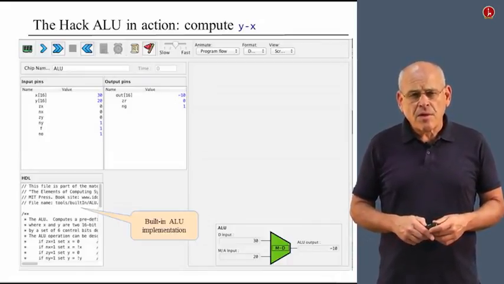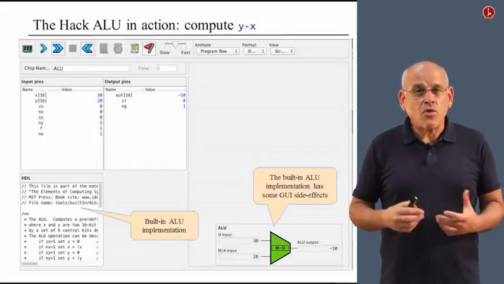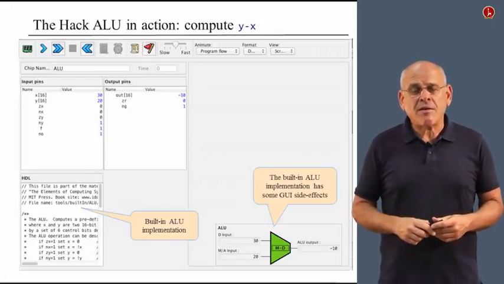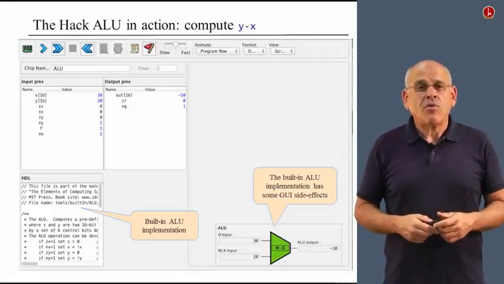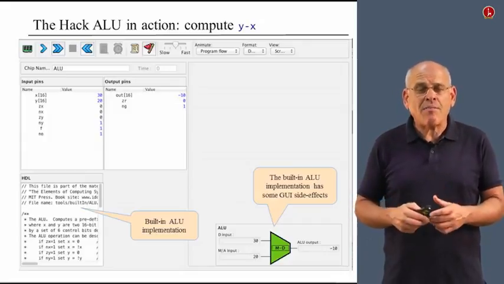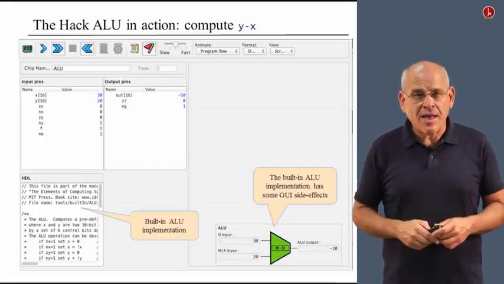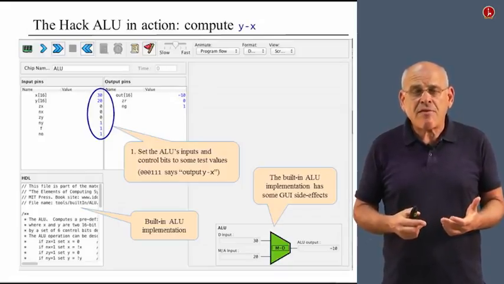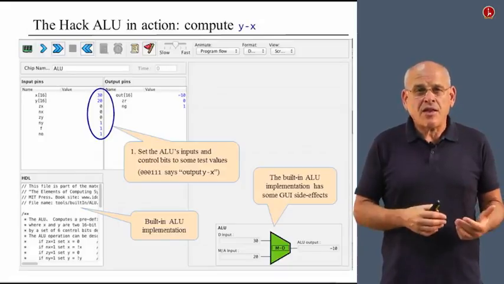Once we do that, notice that we also get some nice GUI, and indeed some of the built-in chips in our simulator have a GUI side effect that helps the user understand what goes on inside the respective chip. So this is a diagram that we made up to help you keep track of what happens inside the ALU. Moving along, we begin testing. As you can notice, we have set the ALU inputs to two values, which are 30 and 20.